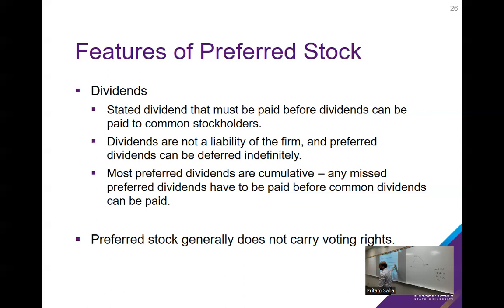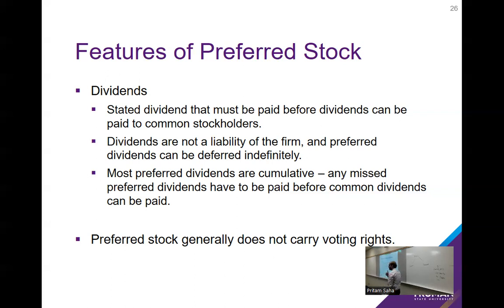Any dividend will go to preferred stockholders, then common stockholders. It's not a liability. And if corporations fail to pay, in most cases it will not lead to bankruptcy, because you can defer preferred stock dividends forever.